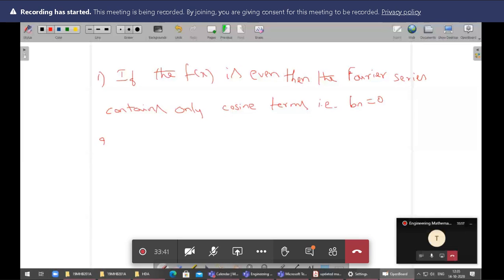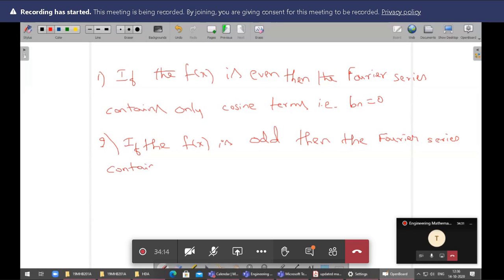And the second one is, if the function f of x is odd, then the Fourier series contains only sine terms.